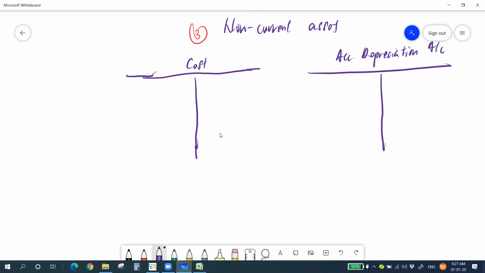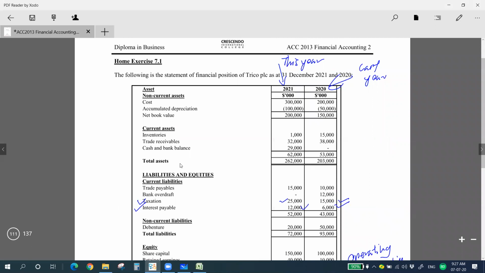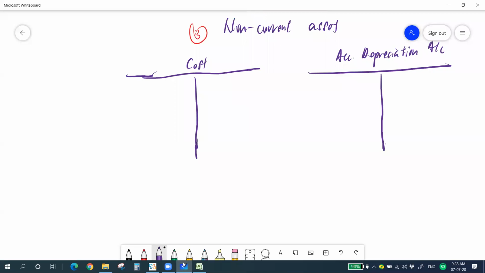First of all, when you do every adjustment, first of all, record the opening balances. So let's take a look. The cost of the asset, the opening balance is 200, the closing is 300. So I write short form, 200 as the opening, closing is 300.